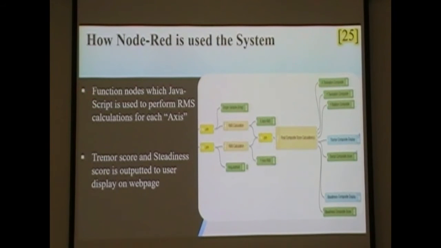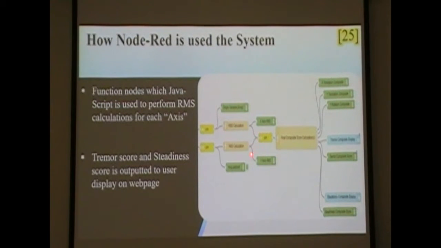Okay, picking up where Sergio left off. The X information and the Y information are going to come in these two separate nodes after being parsed out. Each one is going to go into a separate RMS calculation function. These functions are implemented using JavaScript, and that's how we're doing our arithmetic and math with the use of these self-created functions.